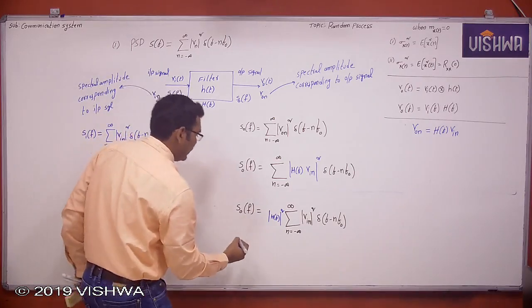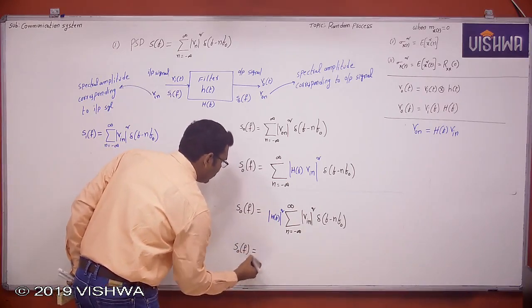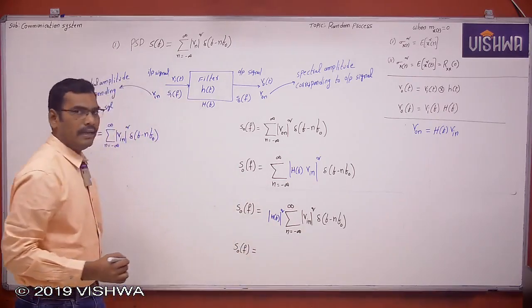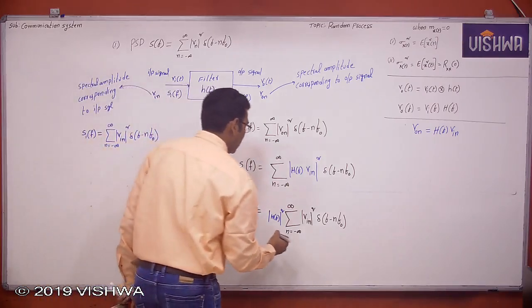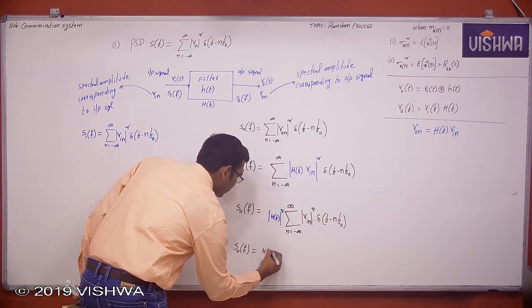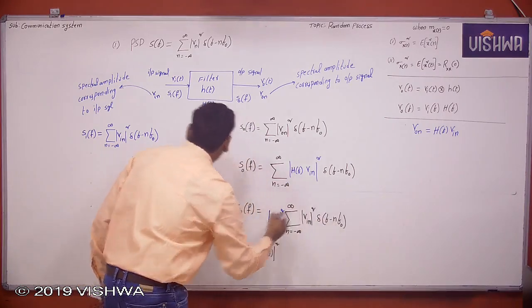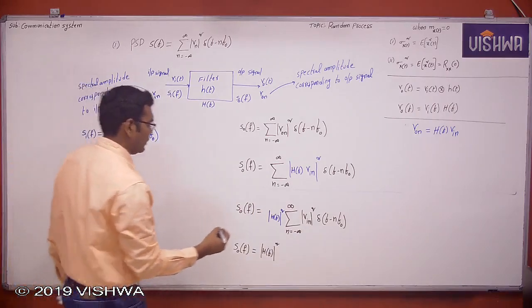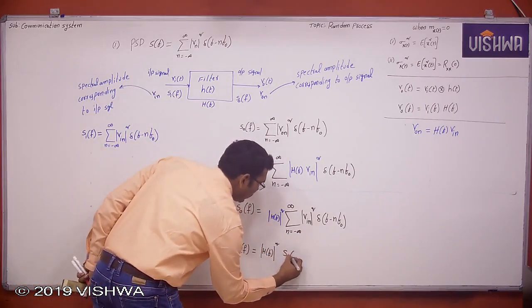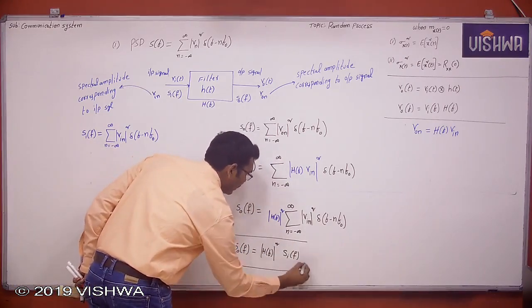The power spectral density at the output of the signal is nothing but the power spectral density at the input of the signal, Si of f, multiplied by h of f square. Therefore, what is the relation?